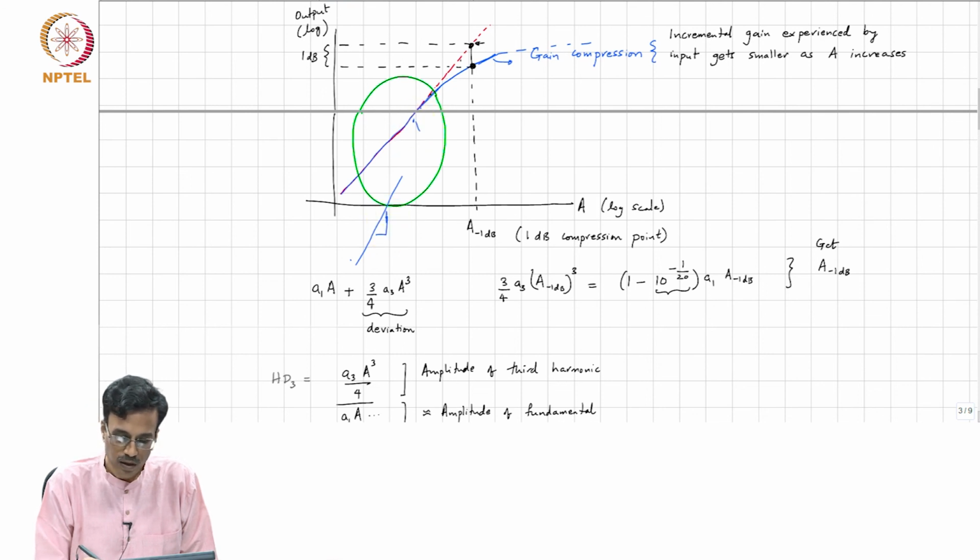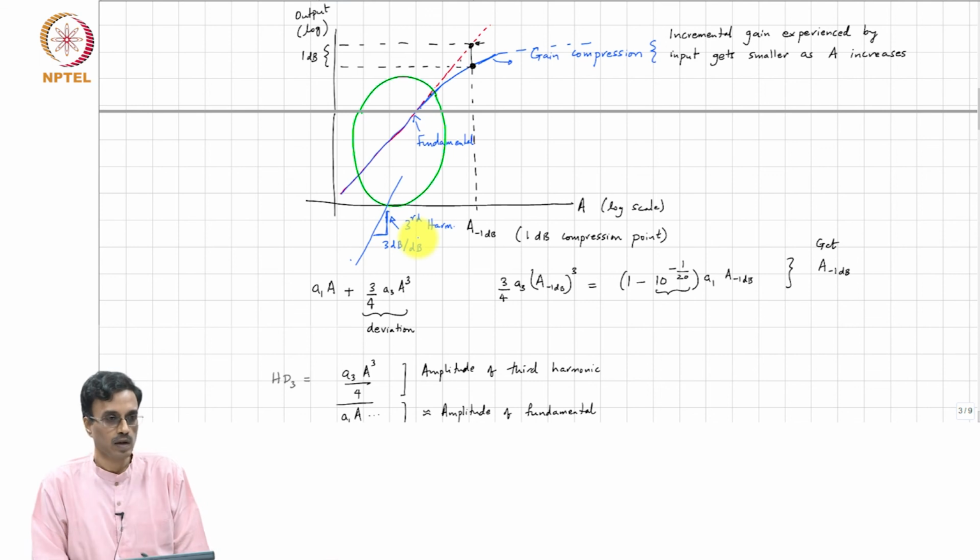This is the fundamental, and this is the third harmonic, and this slope is 3 dB per every dB increase in the input. Does it make sense?